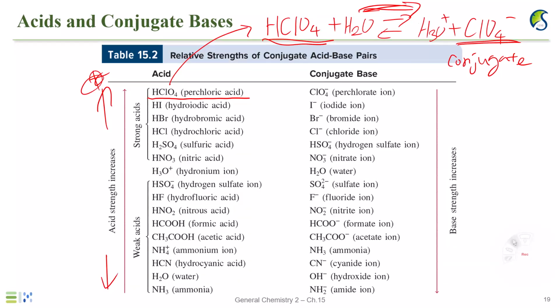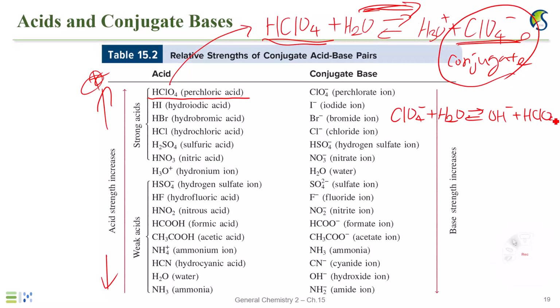Which means that if you take this as a kind of base, you also can write down a new equation from the perspective of this conjugate base. Right, because this is a base, you also can write down this equation. So here, this is a base. This is a conjugate acid.